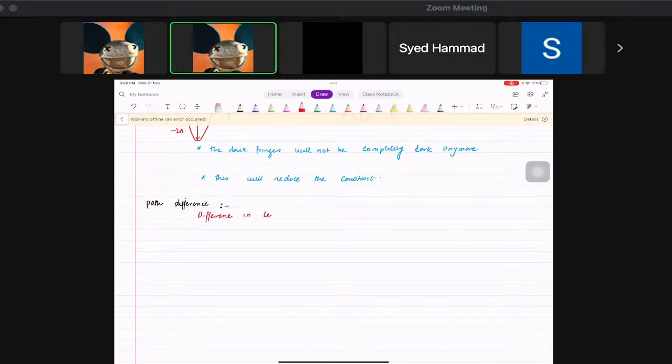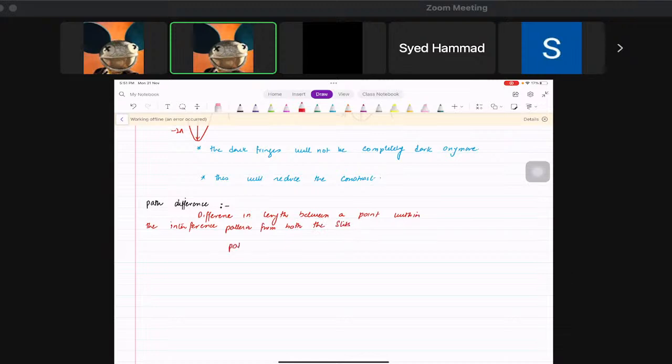Now, when you define path difference, it is basically the difference in length between a point within the interference pattern from both the slits, first of all.